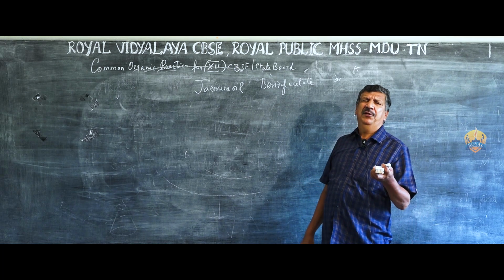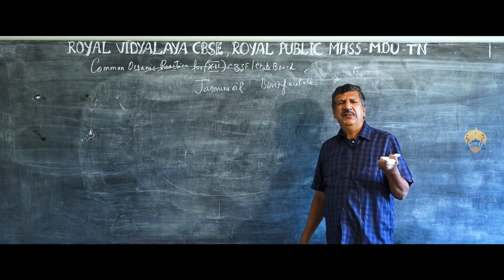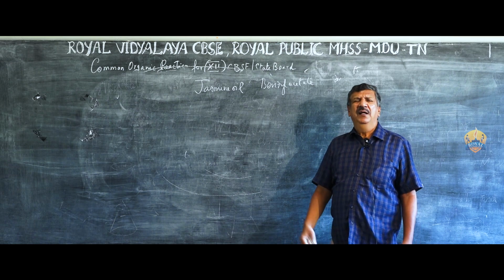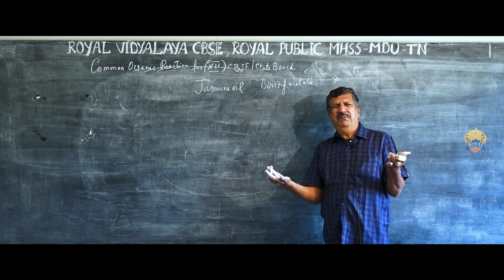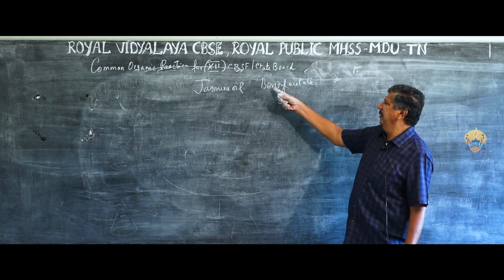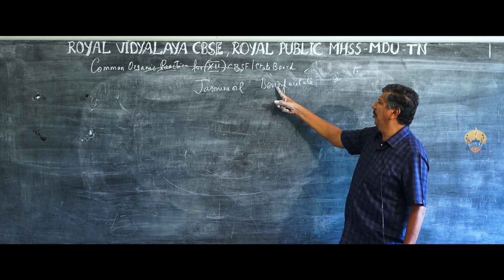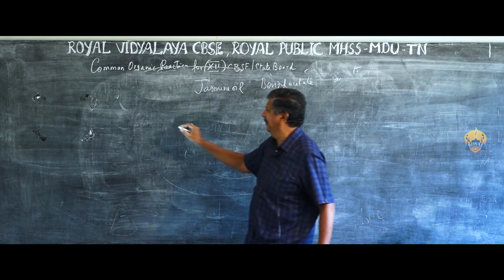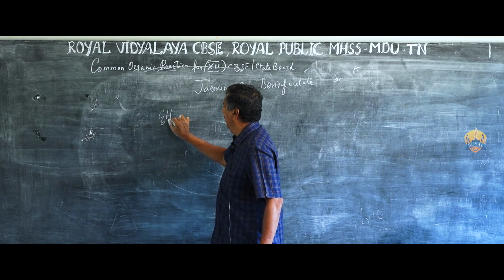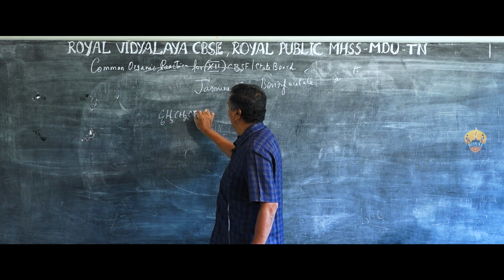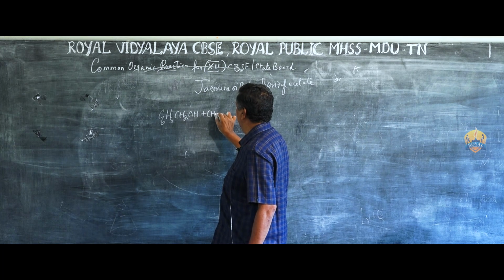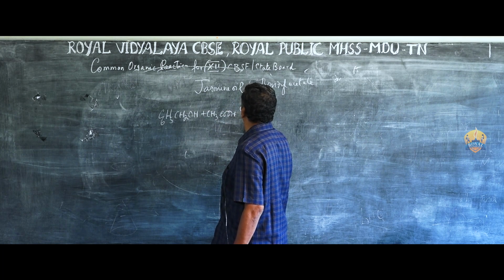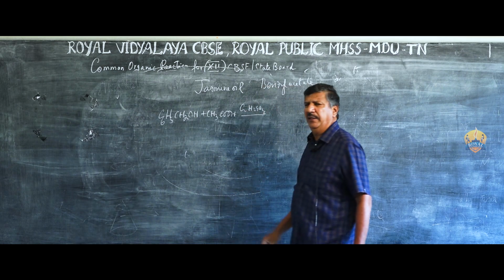If anybody asks you how will you prepare jasmine oil, meaning benzyl acetate, don't mug up. You can tell it like this: it is prepared by benzyl alcohol with acetic acid. That's all. Nothing to strain here. Using, as usual, concentrated sulfuric acid to remove the water.